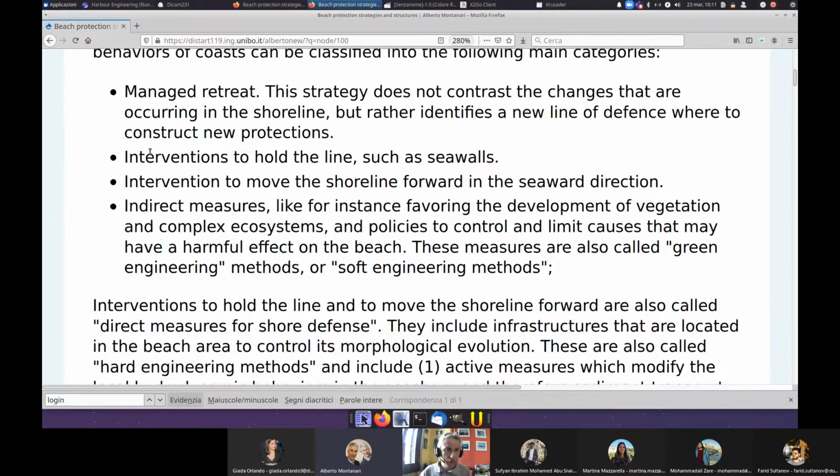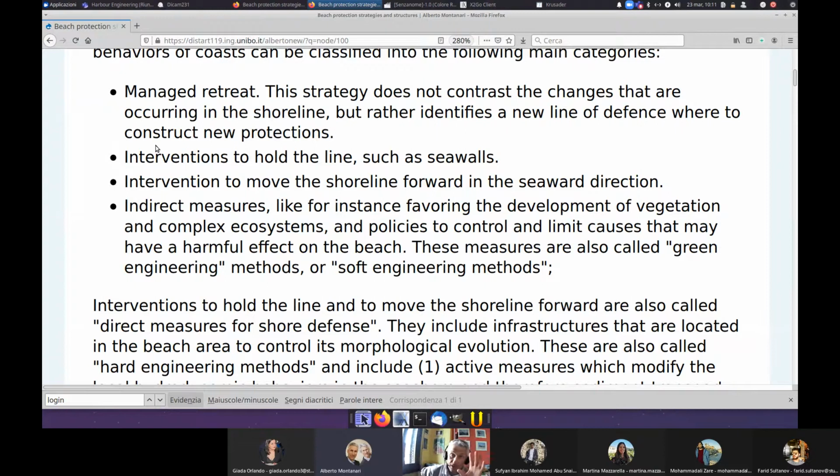So what is the classification of the interventions I'm talking about? When we talk about beach protection structures, we can divide them into 4 categories. The first category is managed retreat. This strategy basically does not contrast the changes that are occurring.